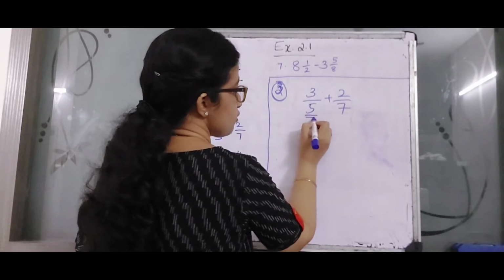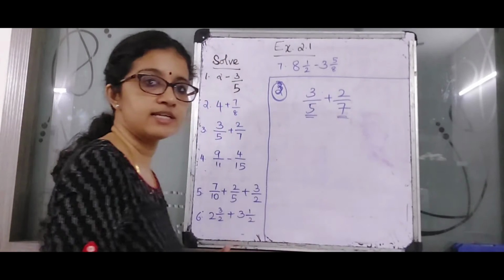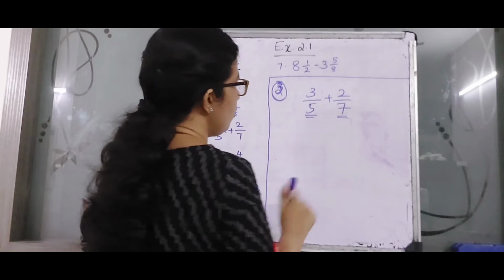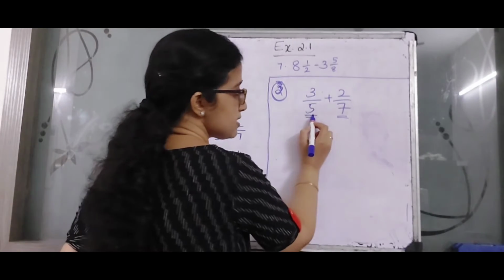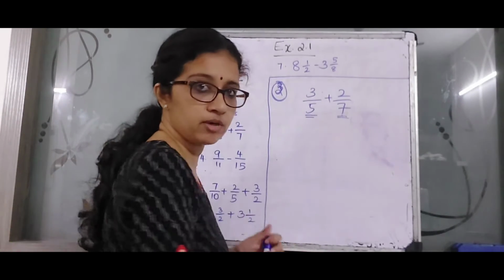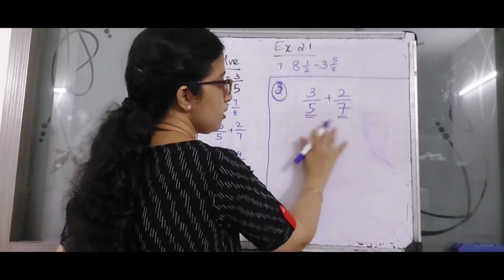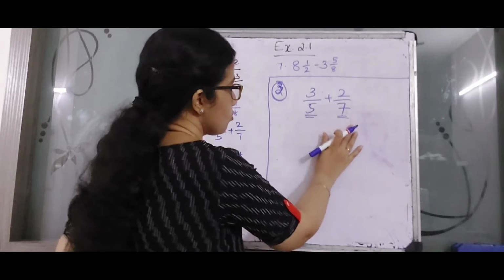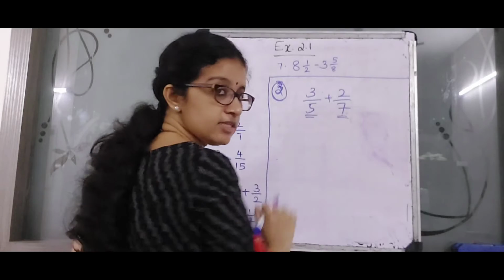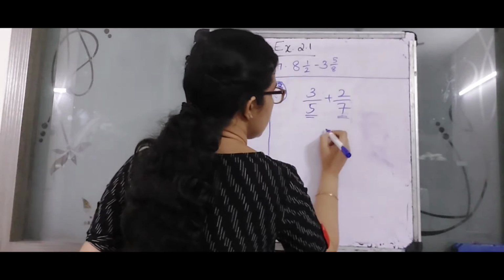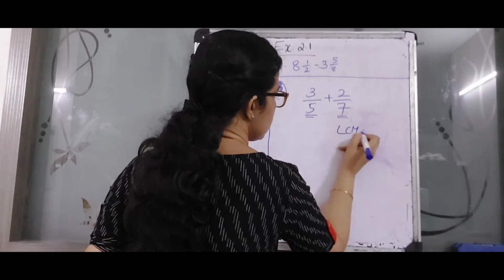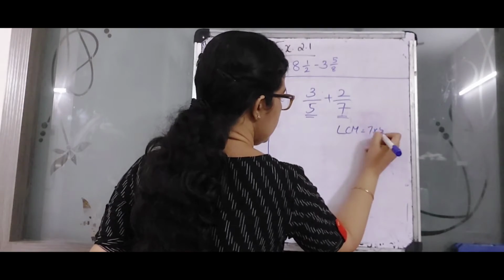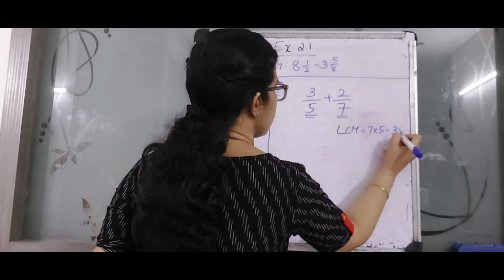Here the denominator is 5, here the denominator is 7. We have to first take the LCM of these two numbers. Is there any common factor between these two? No. So we have to multiply these two numbers. LCM is equal to 7 into 5, equal to 35.